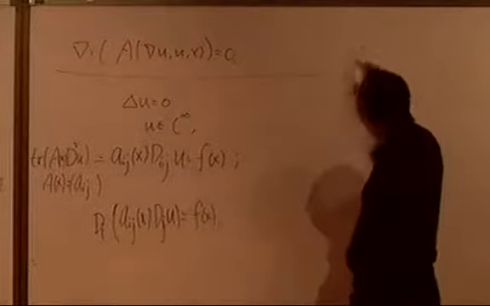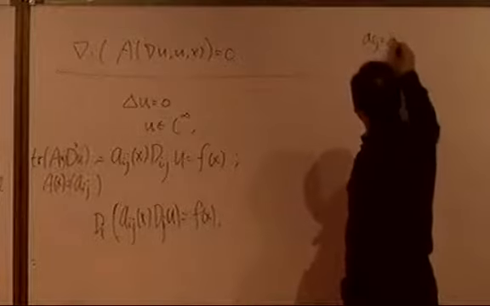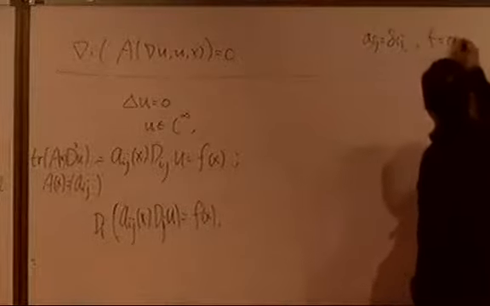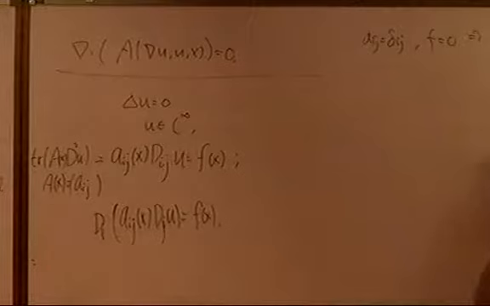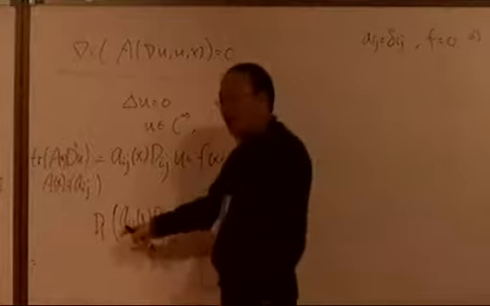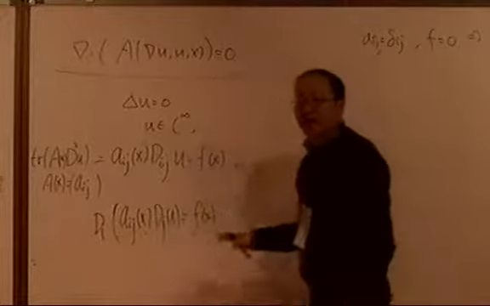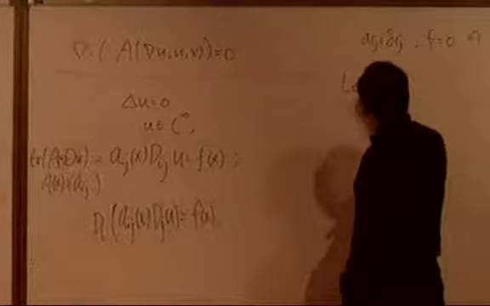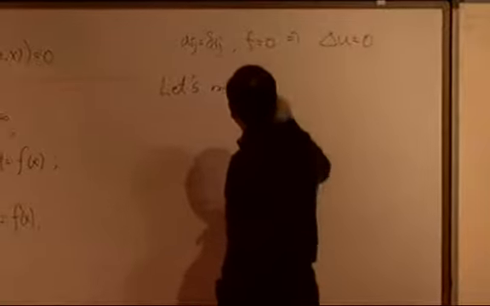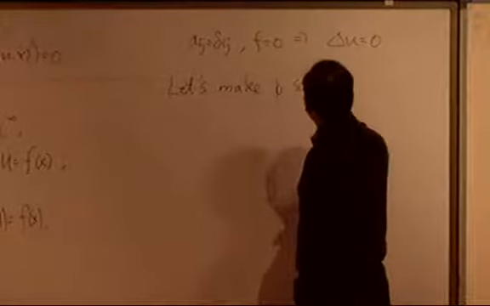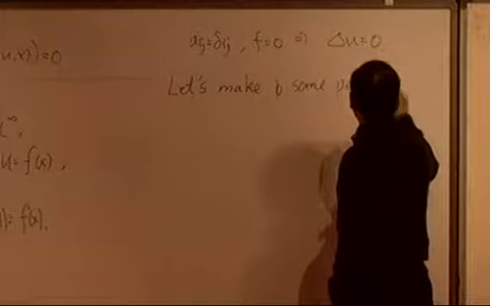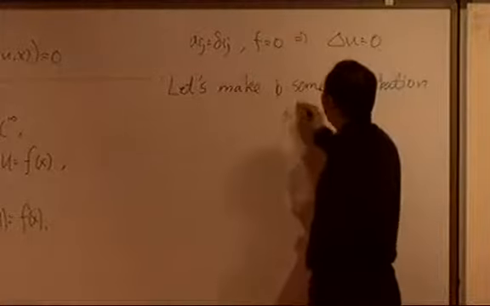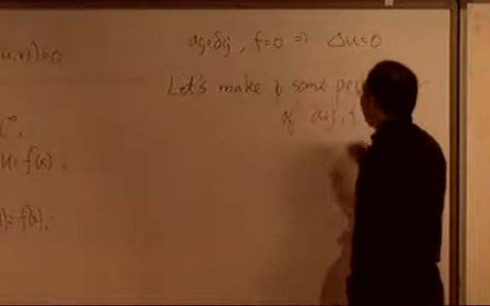So then clearly if A_ij is delta_ij, and if f is 0, then every equation will end up with a Laplace equation, and your solution is very nice. Okay. So now we try to perturb our coefficient. So let's make some perturbation of A_ij and f.